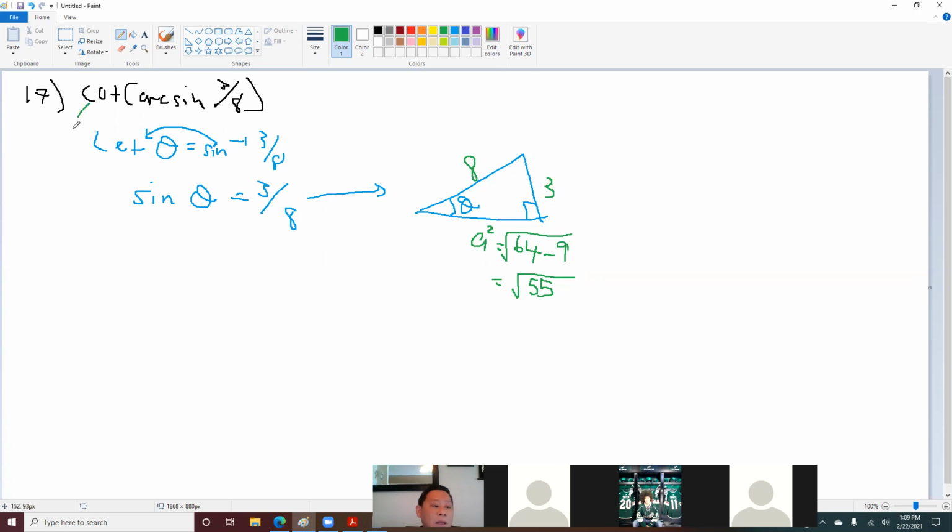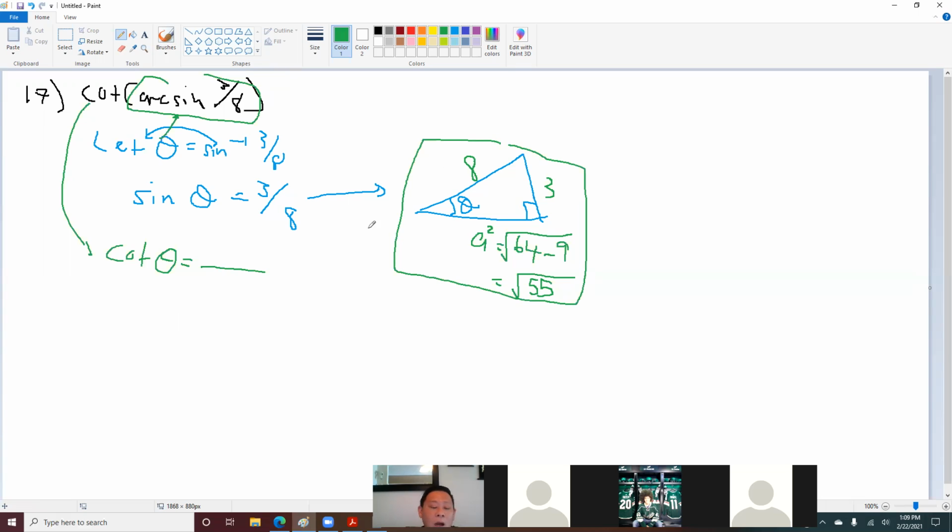So what you do now is, the arcsine of 3/8 is theta, so this is actually cotangent theta. Does everyone know what cotangent theta is? What over what? Cosine over sine. We can do that, but since we got SOHCAHTOA, cotangent is what over what?